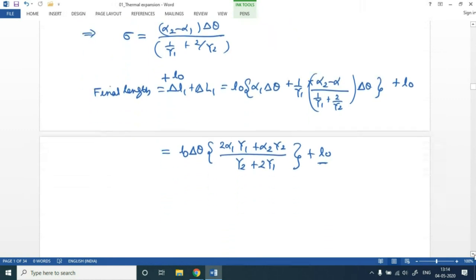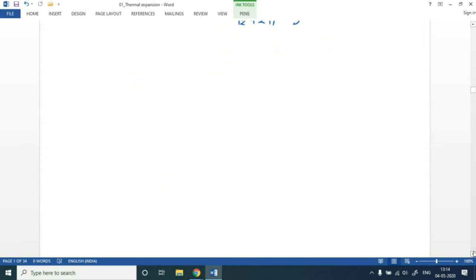Let's look at another model of the question, and this is the question here. Let's say you have a smooth horizontal surface, and on that smooth horizontal surface we have placed a composite rod, made up of three materials.